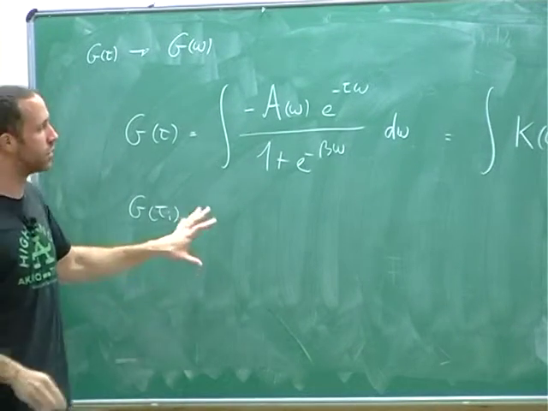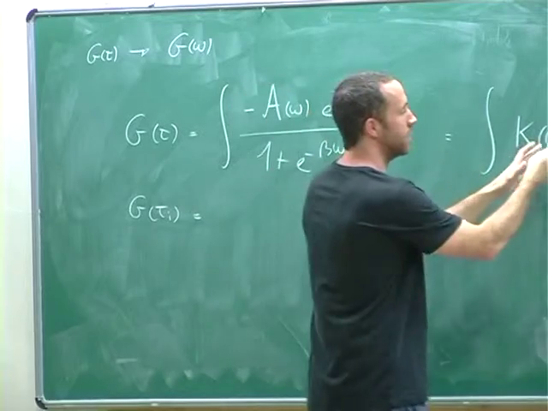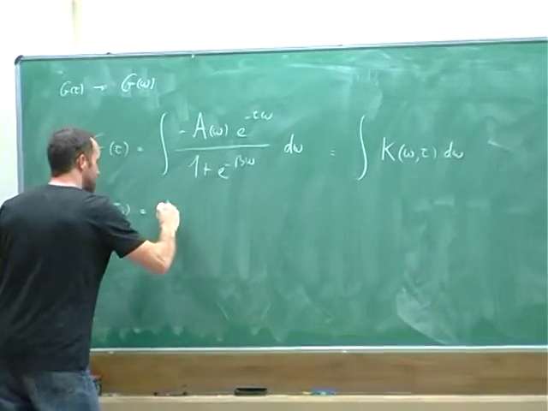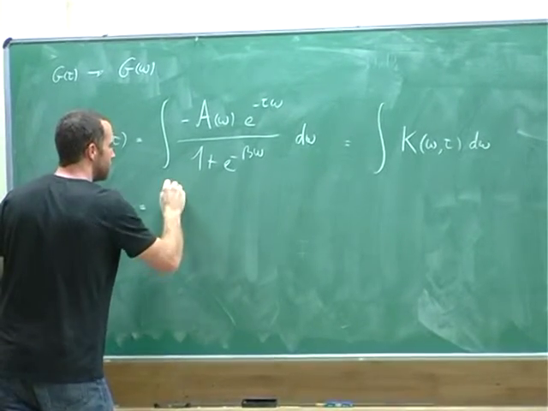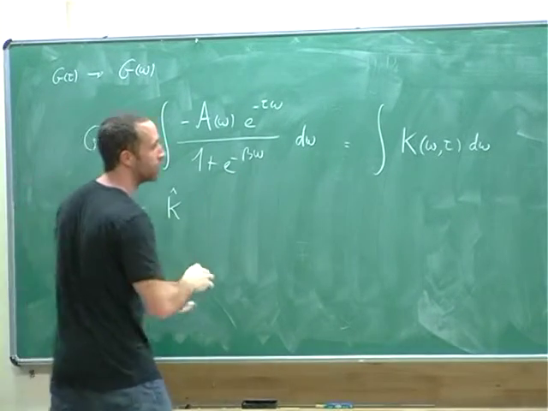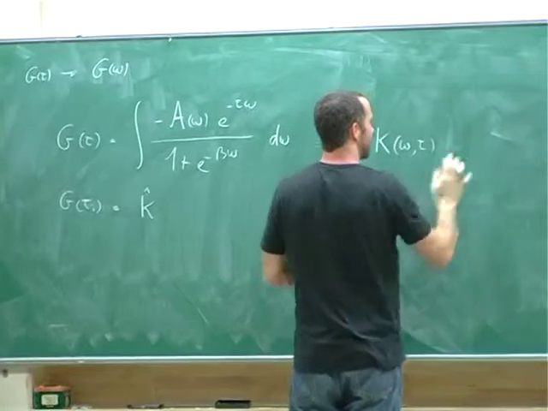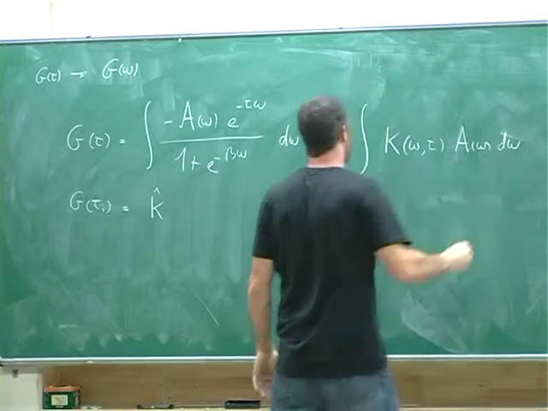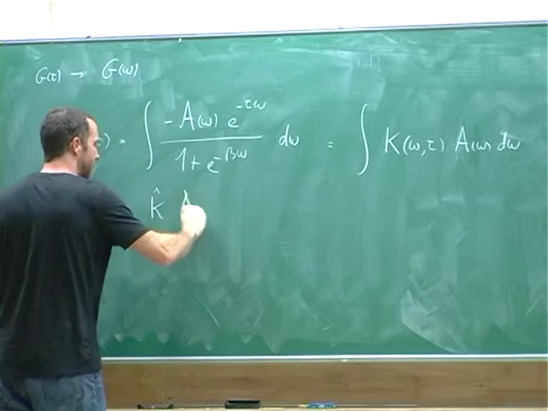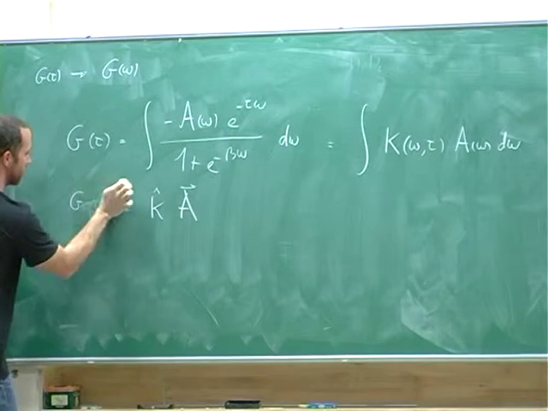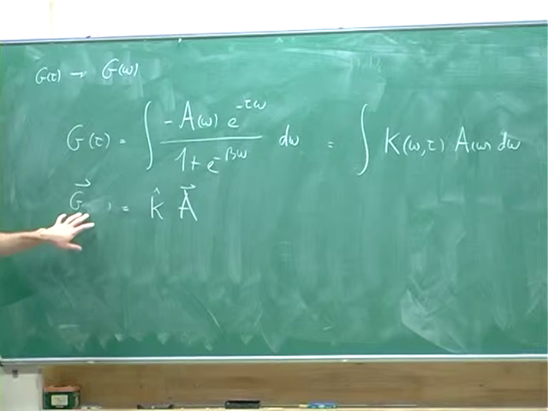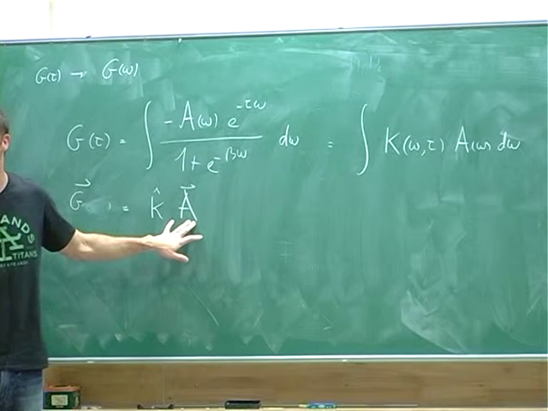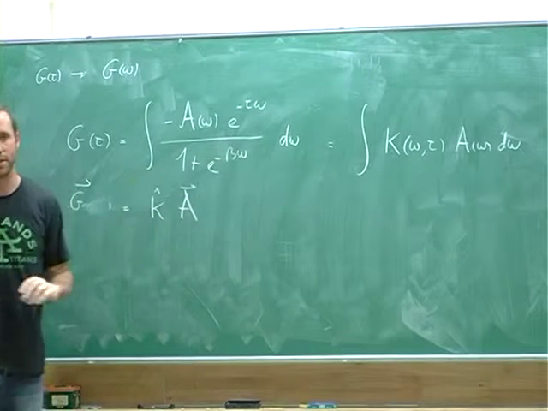I would discretize the tau i's and the omegas, and this would be a matrix K, times, of course, my spectral function A. So I can really look at this as a matrix equation: G is some matrix times A. This is a discretized version of the integral.